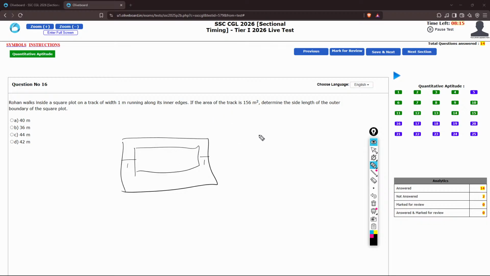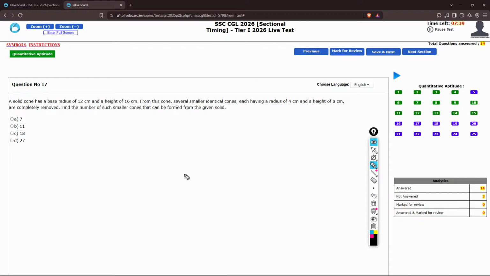So area of the track itself, this is going to be x minus 2 whole square. I mean, this 40 will make side, when the side length. Okay, not occurring to my mind currently, so I'll just skip it.